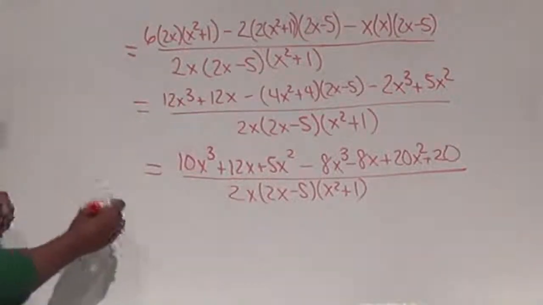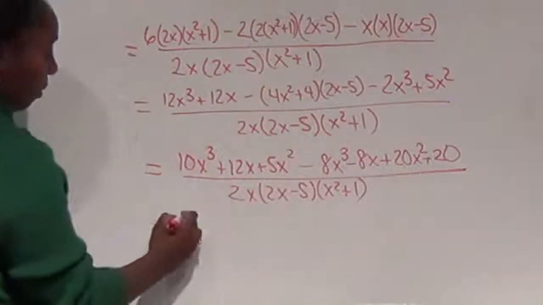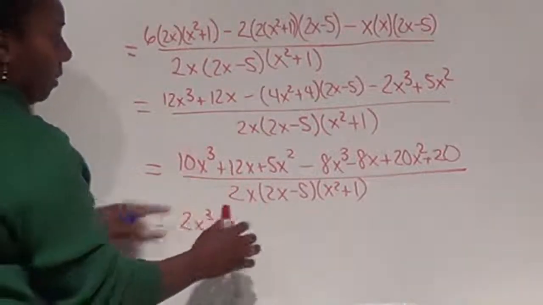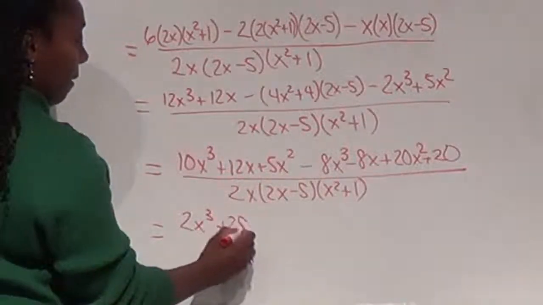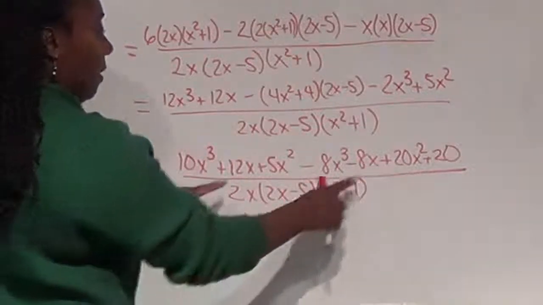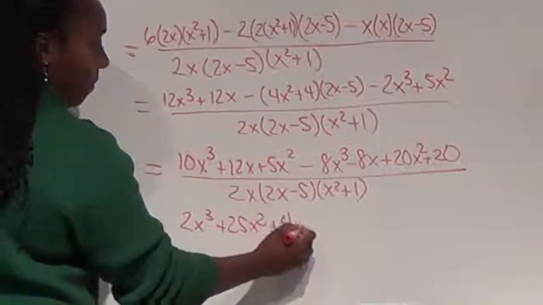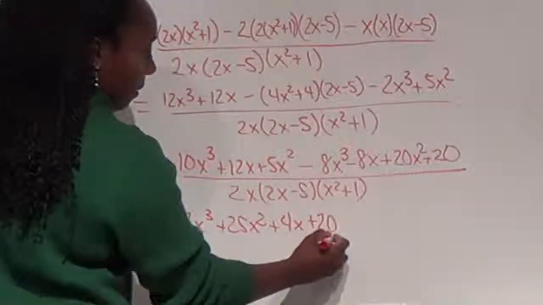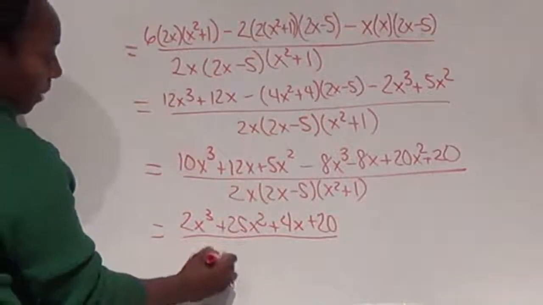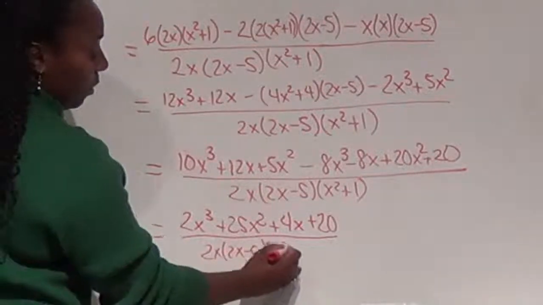Now lastly, we can combine those terms. So we'll have a 2x cubed. The x squared terms, we have 25 of those. The x terms, we have 4, plus a 20, over the 2x minus 5, x squared plus 1.